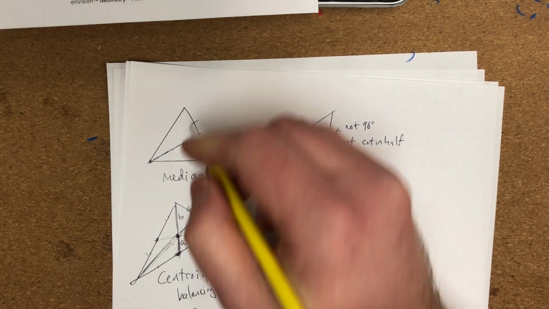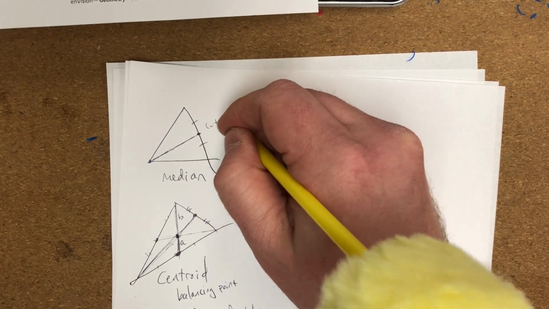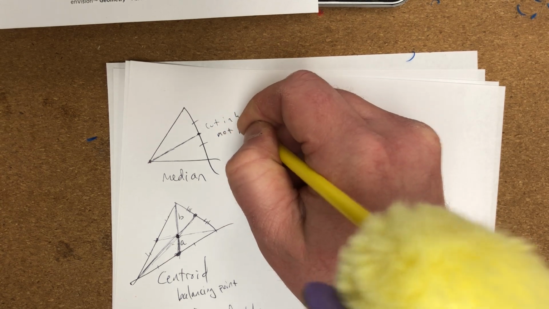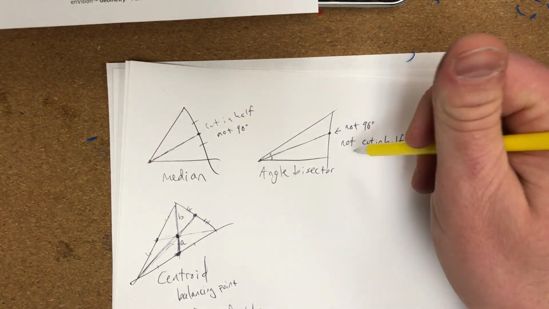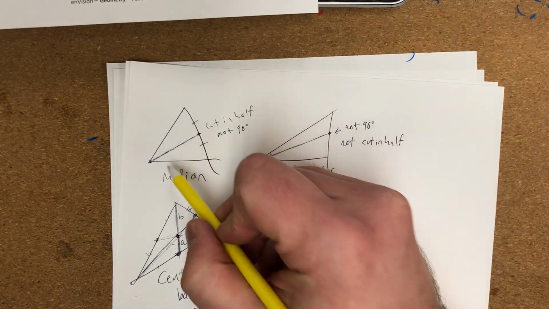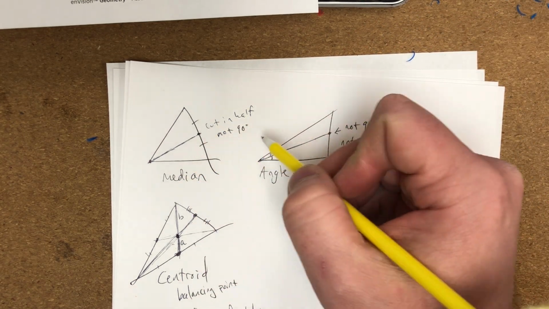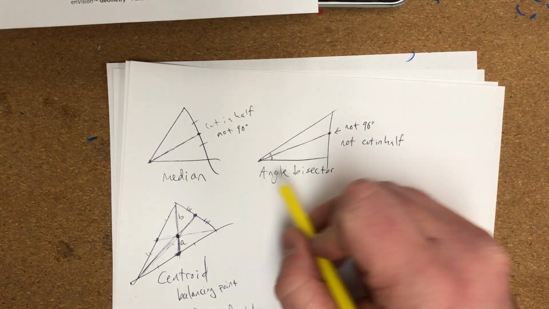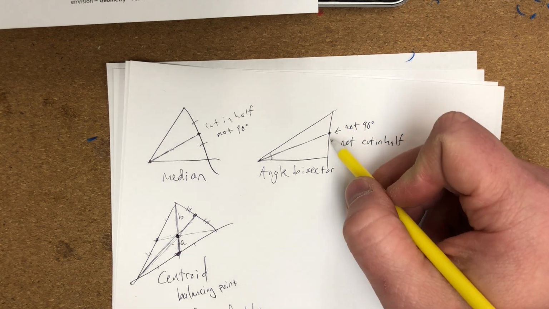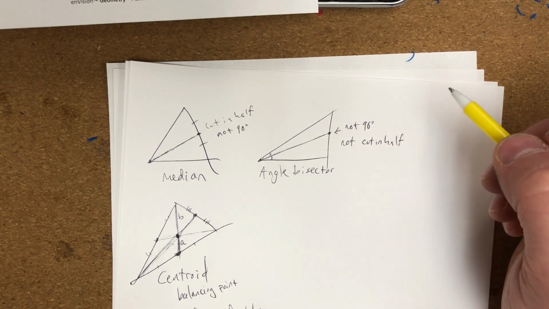On this one, it was cut in half, but not 90 degrees. When I say not 90 degrees and not cut in half, it can be, it just doesn't have to be. A median has to cut the side in half, but it doesn't have to be 90 degrees. An angle bisector can be 90 degrees and it can cut the side in half, but it doesn't have to.